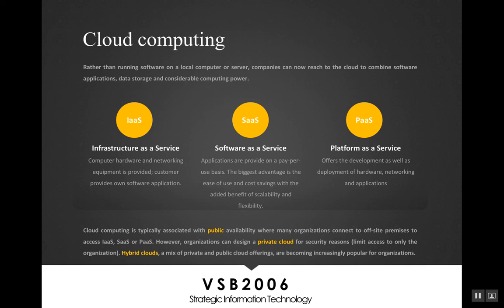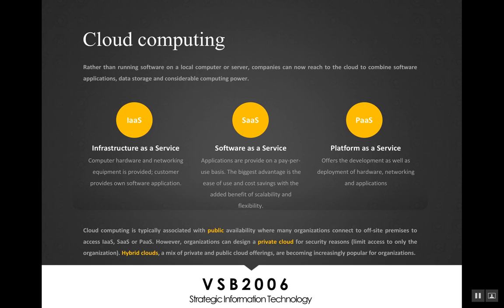So rather than running on a local server, you can run this on a cloud. It's not physical infrastructure anymore. It's networked virtual infrastructure accessed across the internet. There are a couple of different ways we construct clouds, and basically it's about what you're buying.